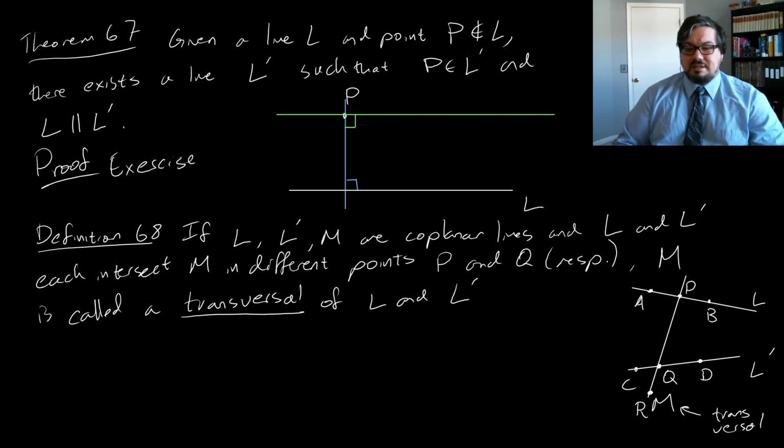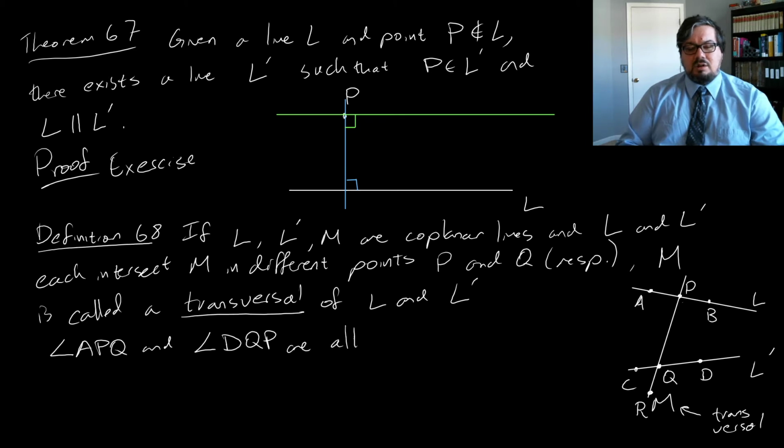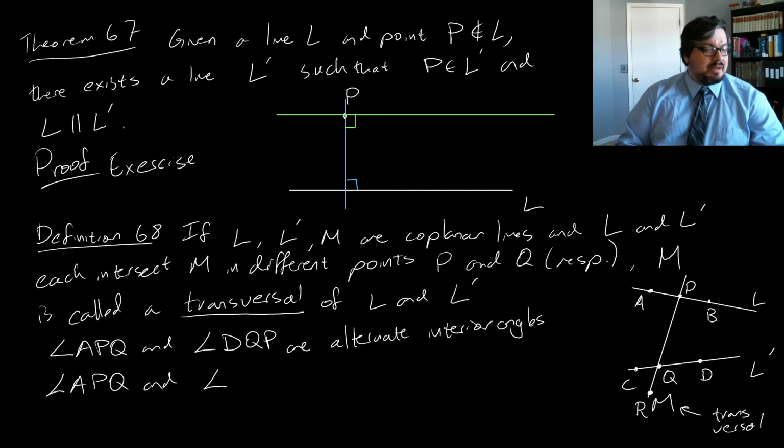All right, so in this situation, we have that the angle APQ and the angle DQP are alternate interior angles. And angle APQ and angle CQR are called corresponding angles.